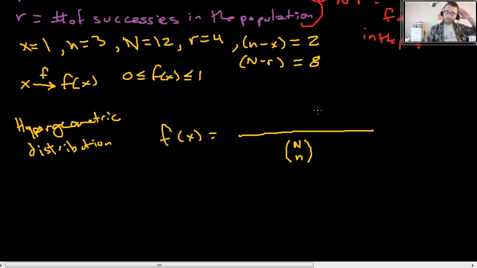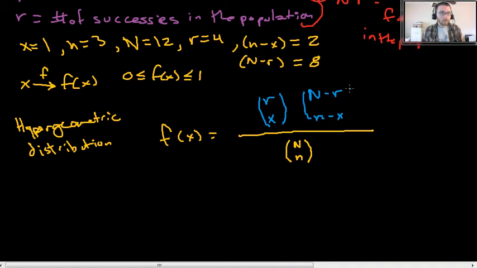I guess it's combinations, so the number of different possible outcomes. And then the numerator is going to be, well, out of the r successes we need to choose x of them. And out of the N minus r failures, we need to choose little n minus x of those. So it's the product of these divided by that.